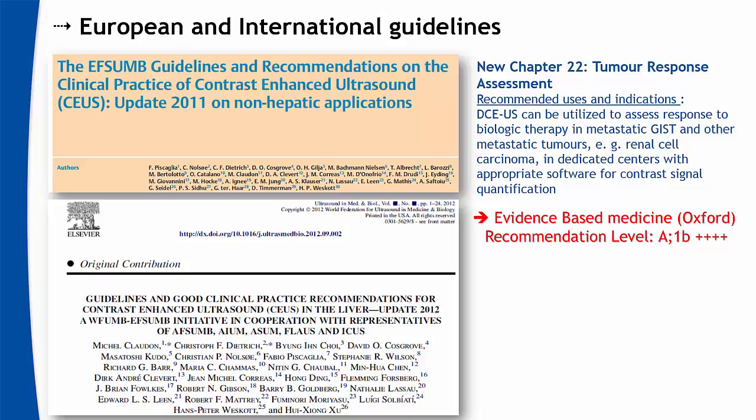We have the level A1B according to the Oxford recommendation, and if we want the maximal level, we need to perform 2 multicentric studies. Currently in France, we are performing the second study in colon cancer treated with VEGF trap.